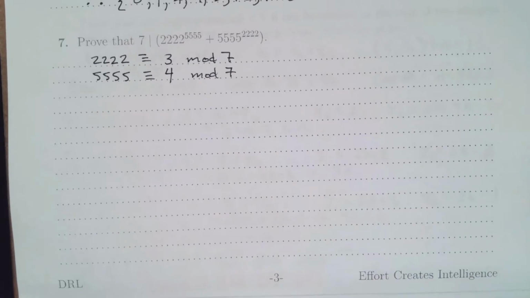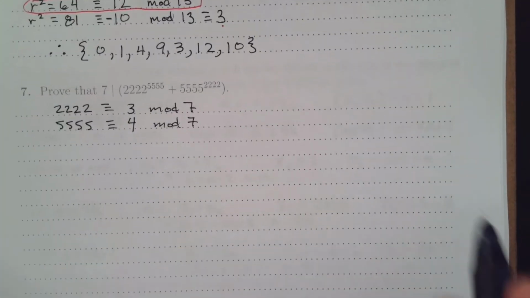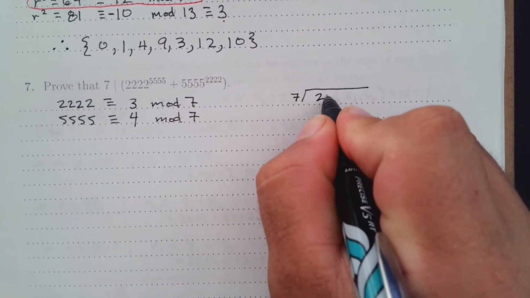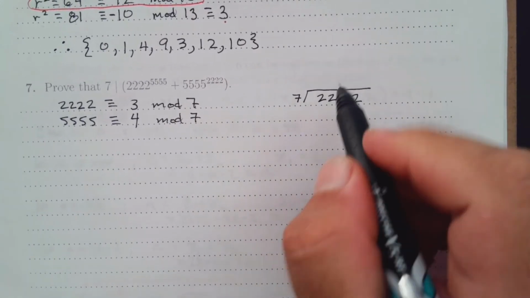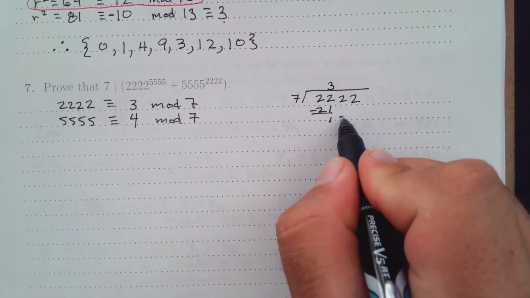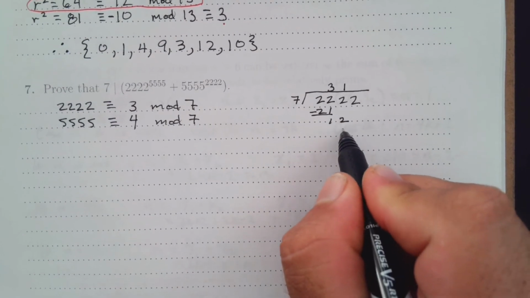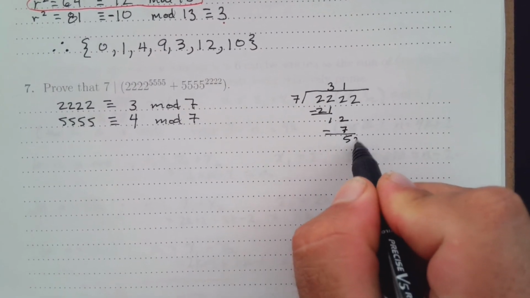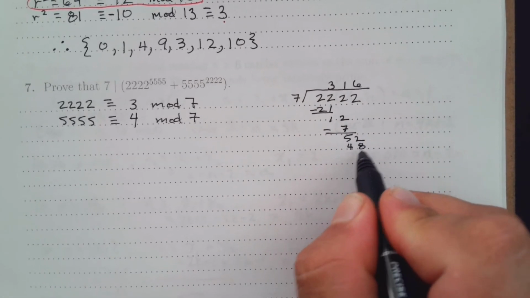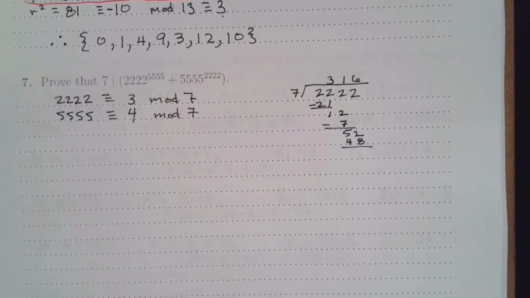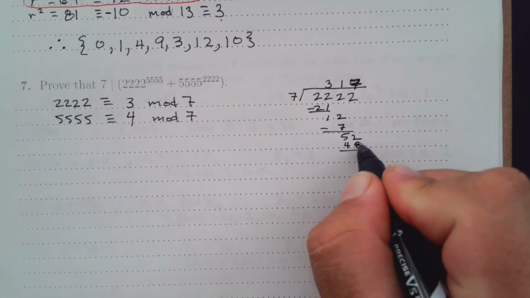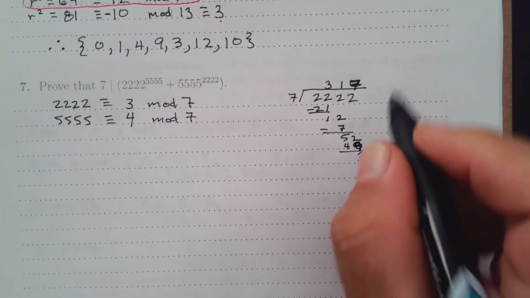Like I said, we could have done this using long division and seen what the remainder was. 7 goes into 2,222, and it goes into the first part 3 times, that's 21, and subtract, that's 12, so it goes in once, that's 7, and subtract, that's 52, so it goes in, not 6 times, excuse me, but 7 times, that's 49, and then we have a remainder of 3.